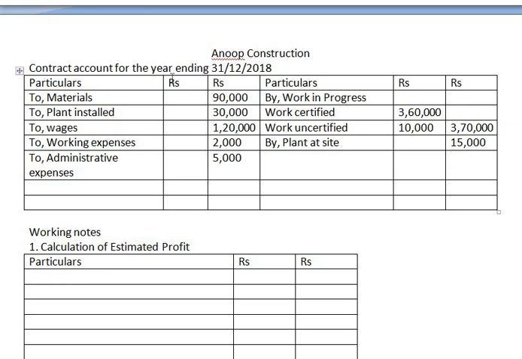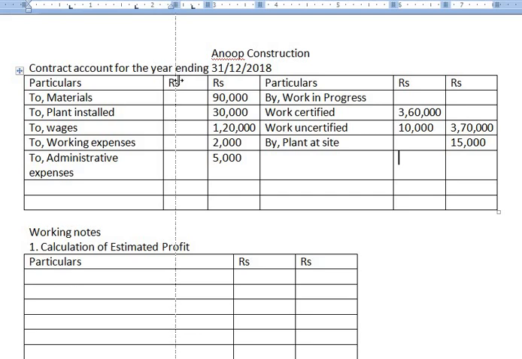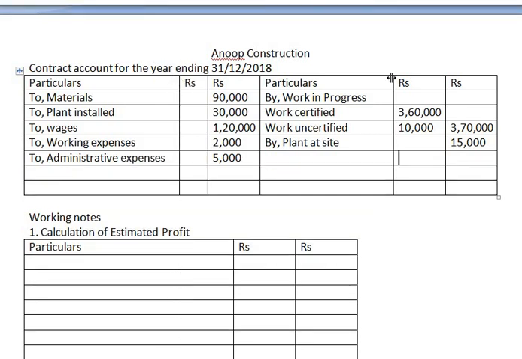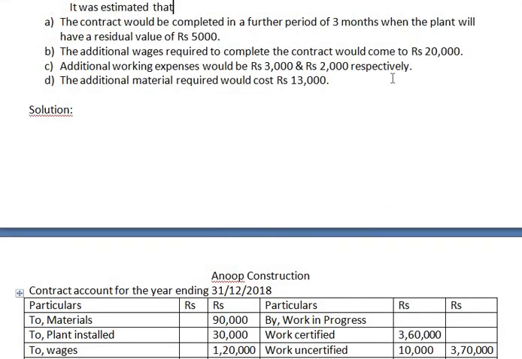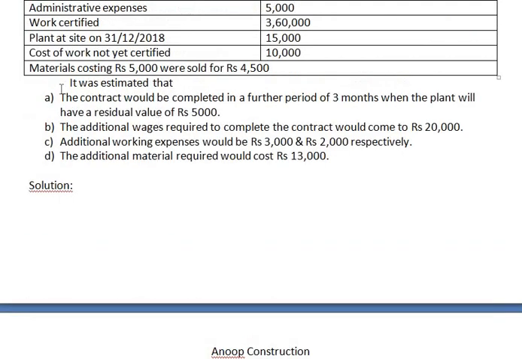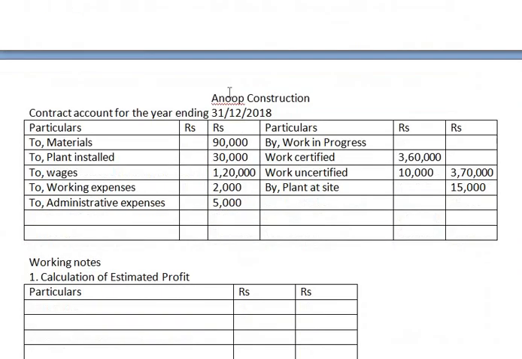Now next, go through the problem. Here they have given materials costing rupees 5,000 were sold for rupees 4,500. So first, materials sold, we are going to record on the credit side: by materials sold, for 4,500 rupees.